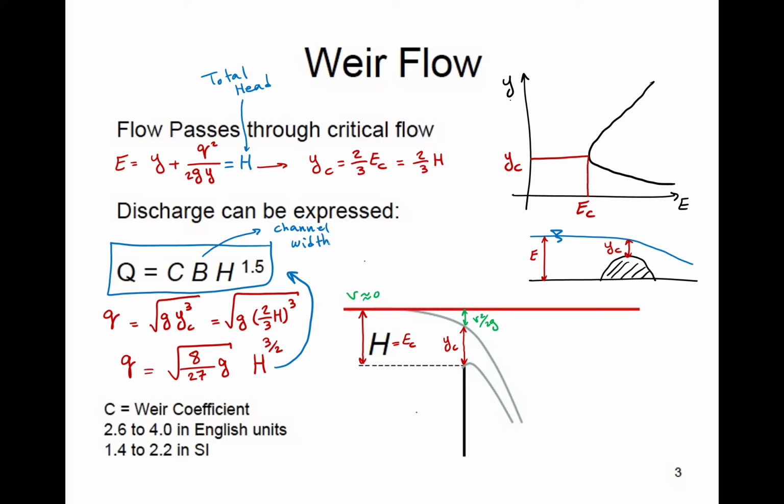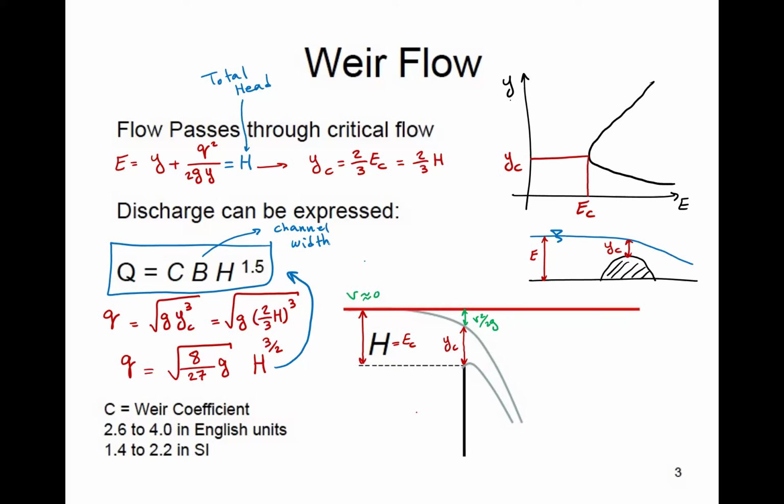You also notice that there's a C in front of this equation. That is kind of a correction. Why is that? Because you've probably already noticed we've made a few assumptions until we get here. For example, we assume that there's no head loss. We assume that velocity upstream is 0. In reality, we know that these are not super accurate. Yes, velocity might be very small, but it's non-zero. Head loss might be very small, but it's non-zero.